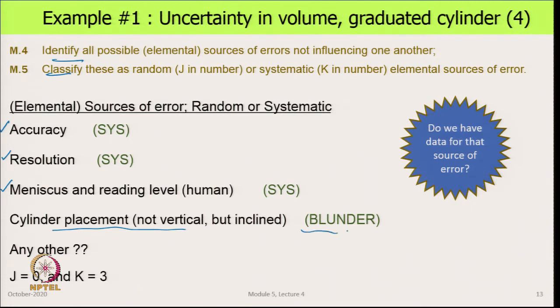Well, that we will treat as a blunder, and say, look, as an experimenter, we were supposed to have taken care of it as best as we could. So, in this particular picture that I showed, we made the table horizontal, got it vertical, and thought that now we are perfect there. But as the photograph showed, there is slight inclination, and we are going to live with it for the time being.